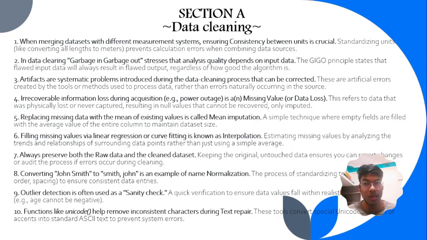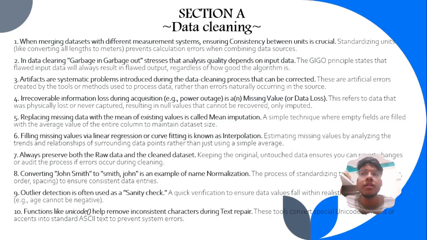Say they are around 30 years old, and just plug the number into the empty spot, so the math will work. Replacing missing data with the mean of existing values is called mean imputation. Just a simple thing, it doesn't need to be explained with a whole bunch of words. If a value is missing, just replace it with the mean value.